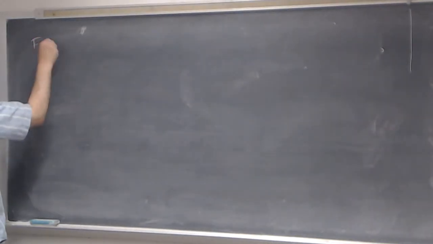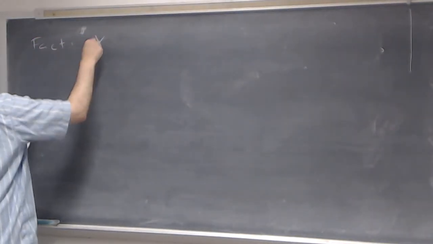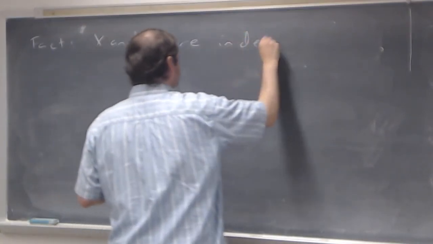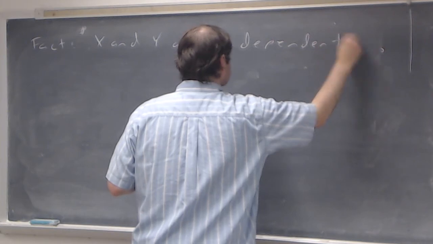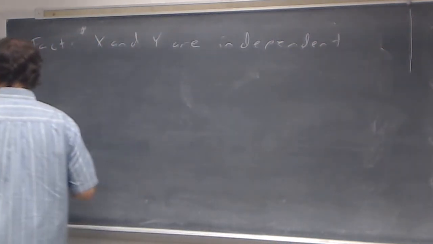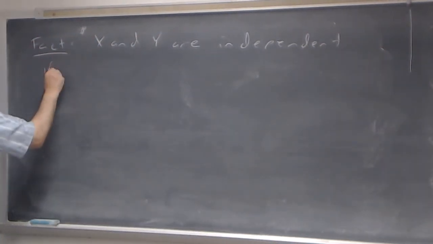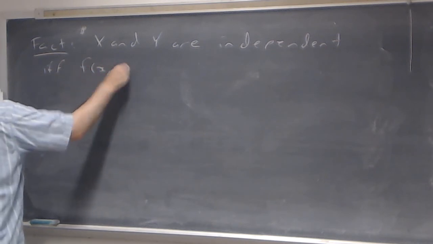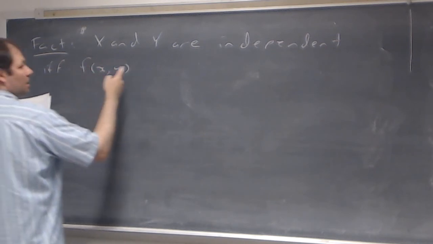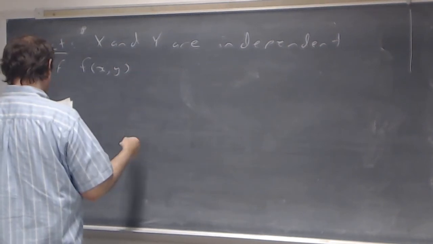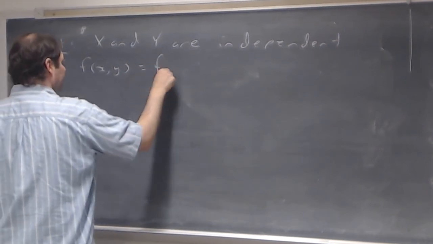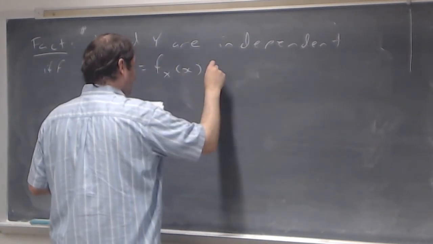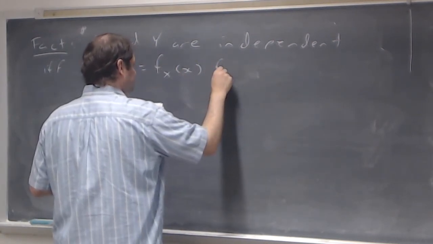So, as a fact, x and y are independent if and only if f of x comma y, so that's the joint PDF or PMF, is equal to the product of each individual PMF or PDF for x and y.